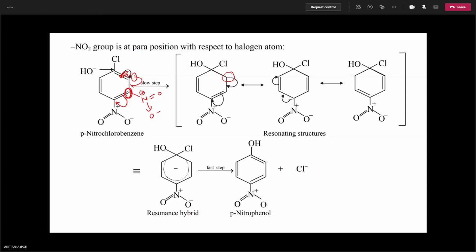So the nitro group is able to stabilize only at ortho and para, but not at the meta position. So we can say simply that withdrawing groups present at ortho and para increase the reactivity of haloarenes. And when withdrawing groups are present at the meta position, there is no negative charge at the meta position in the resonating structure, due to which the presence of the electron withdrawing group has no effect on the reactivity.